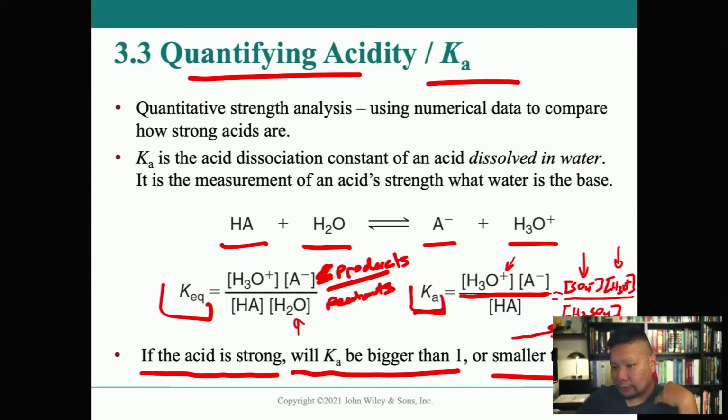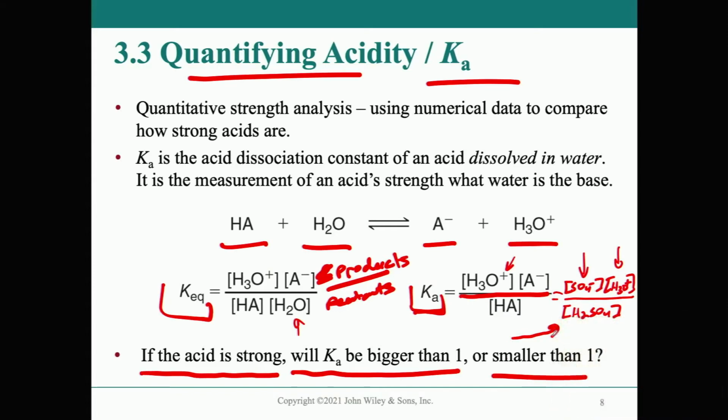Let me just remove my head real quick so you can see that all I did there was write H2SO4 in brackets. So what that means is that the Ka of a strong acid will be much bigger than 1.